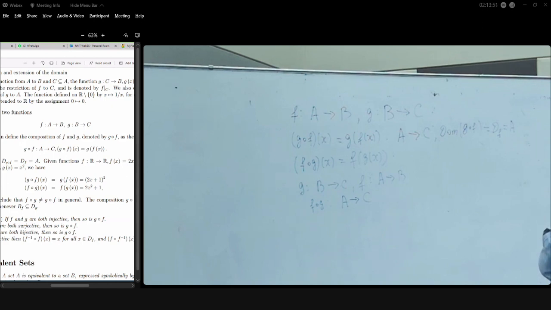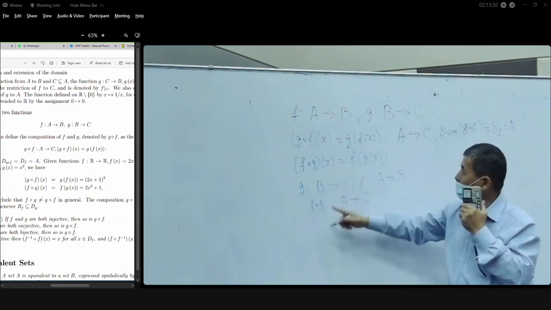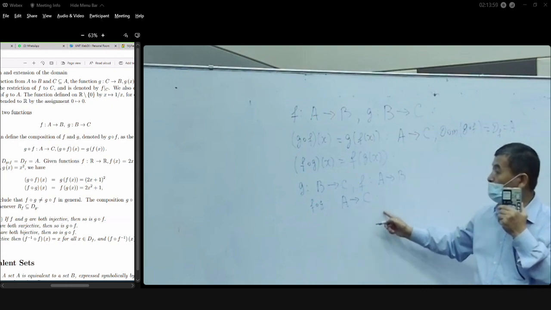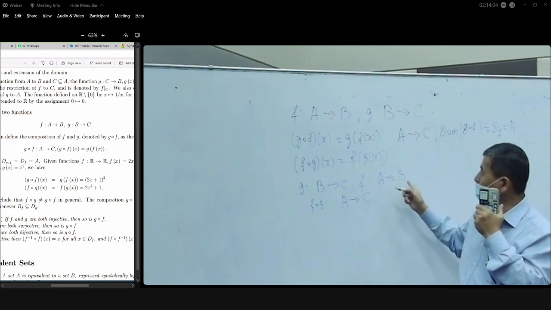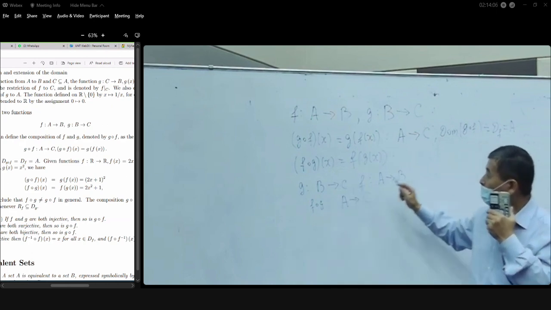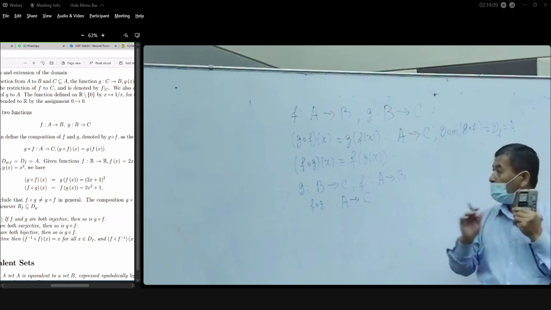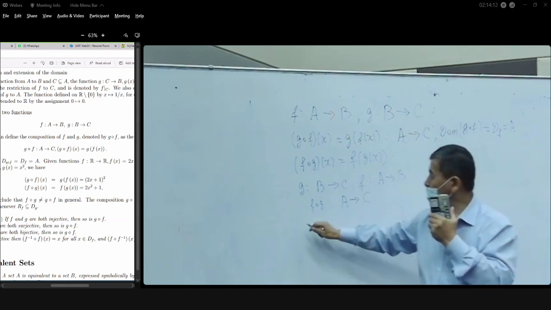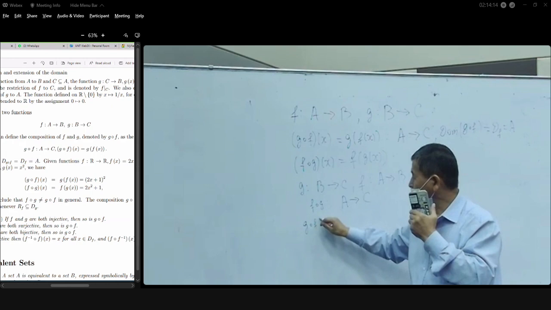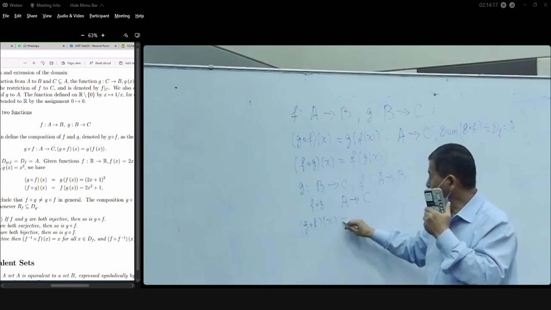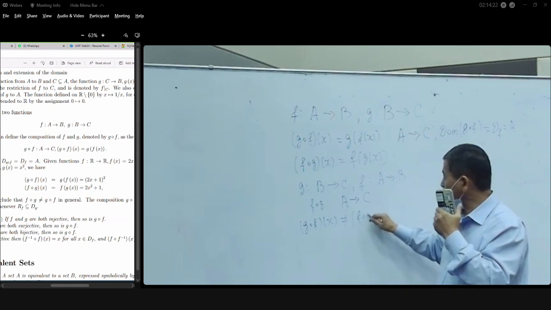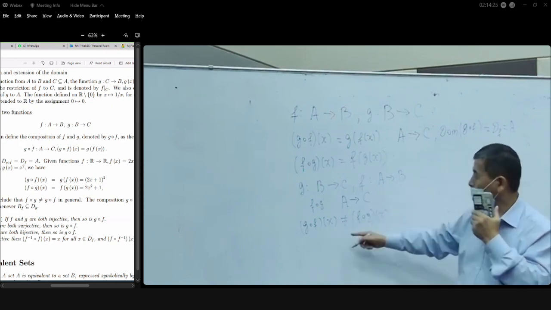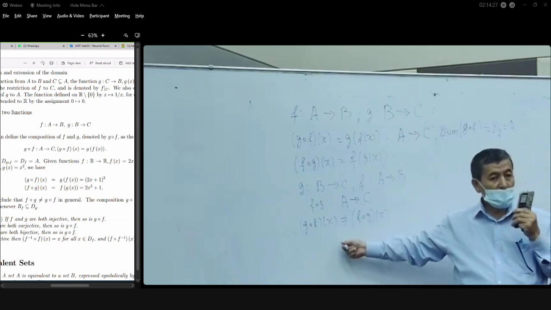I hope both functions, f and g composed with f, actually map A to C, because g maps B to C and this one A to B. But they are not equal in general. In many cases they coincide, but in some cases not.